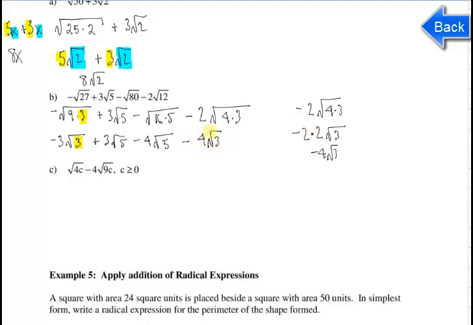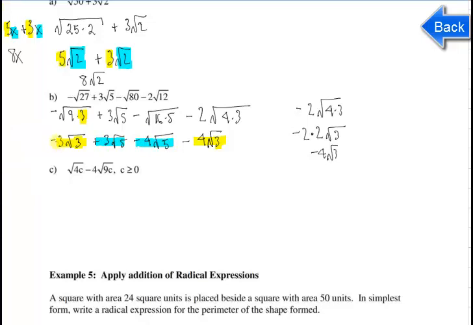Now, remember, you can only combine your like radicals. They have to share the same index and the same radicand. So we have indexes of 2 across the board, so that's the same all the way across, but we have different radicands. We have a root 3 and a root 3, so these terms are like. We have a root 5 and a root 5, so these terms are like. Those are the only ones that you can add.